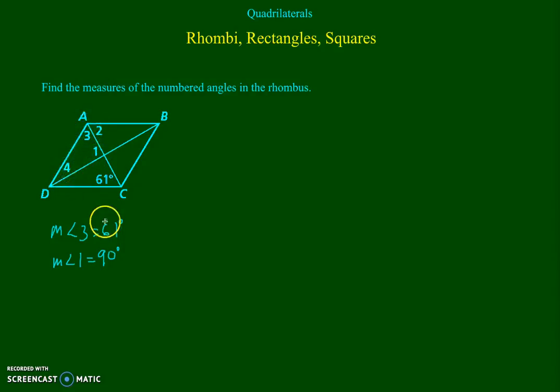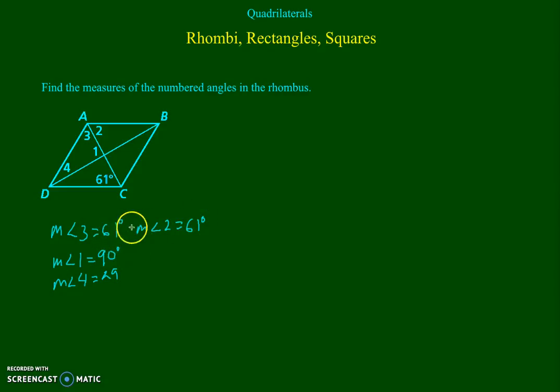And so if this is 61, then angle 4 has to be the complement of 61, which is 29. So the measure of angle 4 is 29. And we probably should have written angle 2 up here as well, because the measure of angle 2 has to be 61 as well, because it's going to be congruent to angle 3.